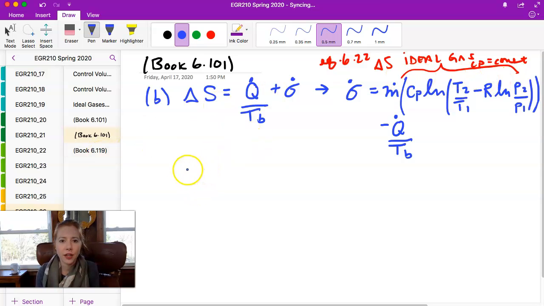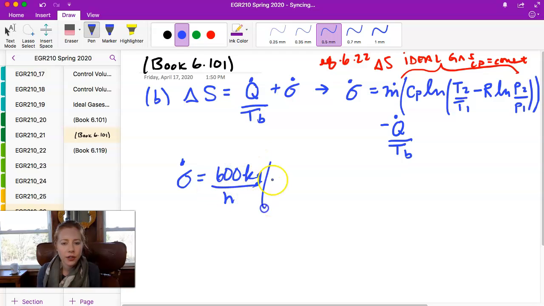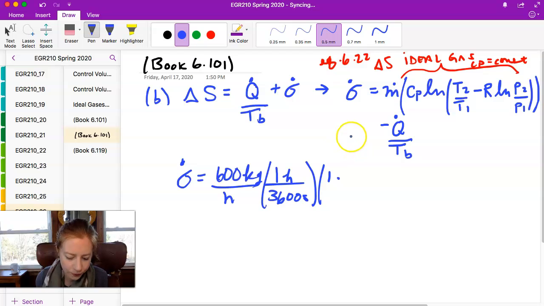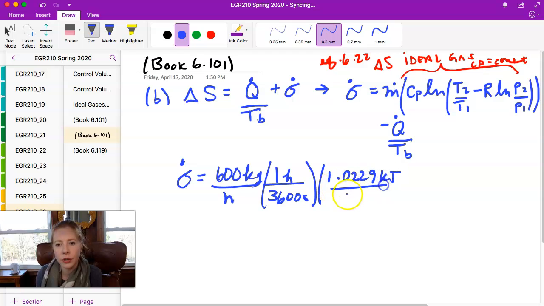All right, so let's plug everything in. So the entropy production rate is going to equal our M dot, which was 600 kilograms per hour times 1 hour to 3,600 seconds, times our Cp, which was 1.0229 kilojoules per kilogram Kelvin.